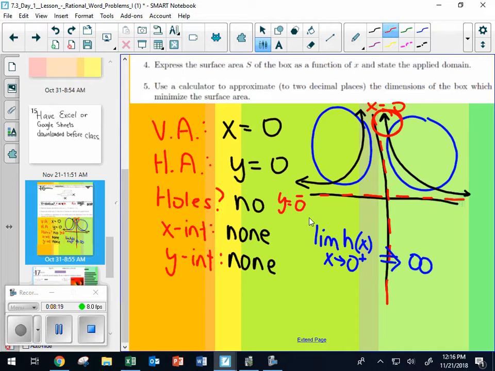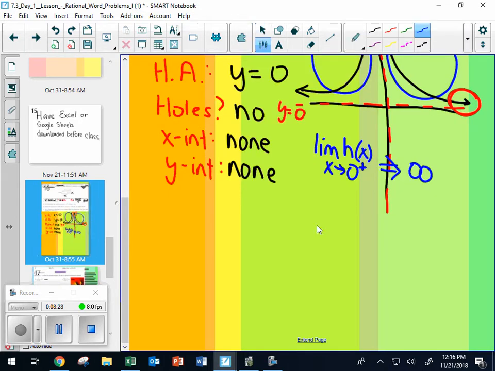Now, if we looked at this behavior instead on our graph, we would start the same, saying that the limit of our function as x approaches some value, what value would x be approaching in this case? Infinity.